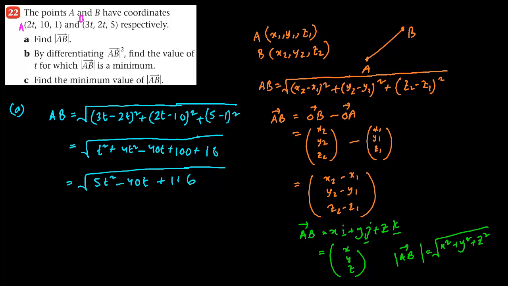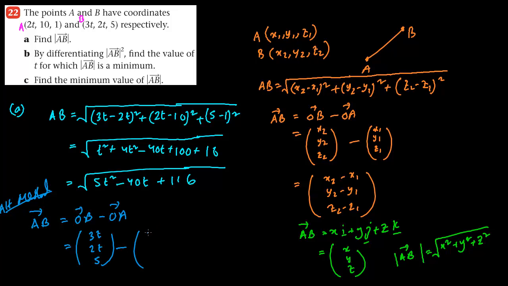If you want to do it in another way, you can do it in this way. We can find the vector first. The vector AB equals OB minus OA. So this is the alternate method. What's going to happen over here is the position vector OB is 3t, 2t, 5 minus the position vector of OA, which is 2t, 10, 1.